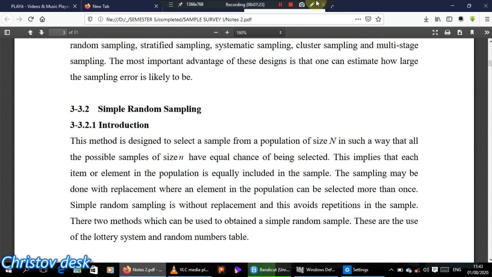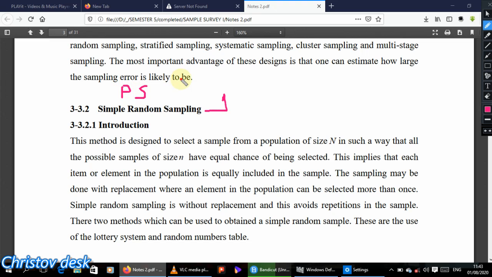Remember that simple random sampling is under probability sampling, or random sampling. So this is what we will discuss henceforth.